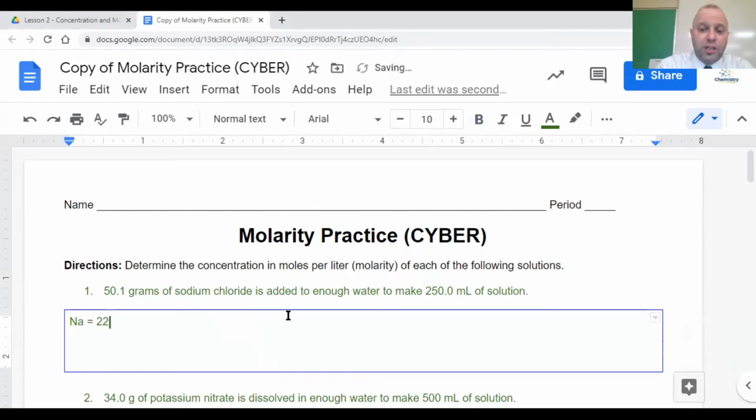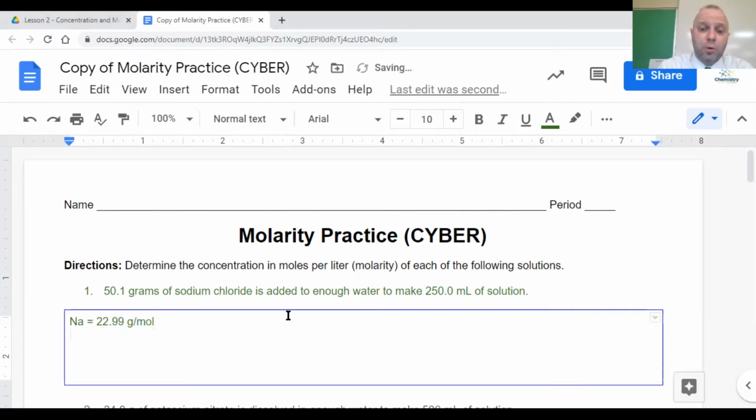If we look up sodium on the periodic table, we'll find out that it has a molar mass of 22.99 grams per mole. Chloride has a molar mass of 35.45 grams per mole. And if we add those together, we'll get a total mass for NaCl that is equal to 58.44 grams per mole.